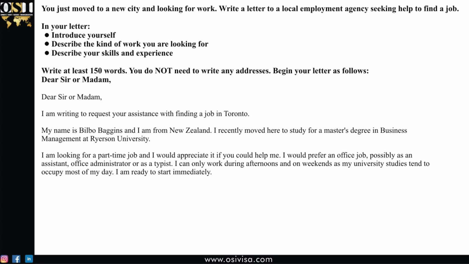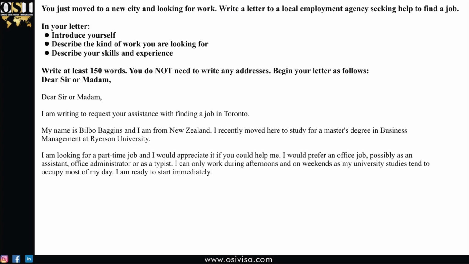So over here, if it was an informal letter, you would have used words such as I'm busy during the days, so I can only work in the evenings and the weekends or anything else. But since it is a formal letter, you need to get used to writing in a way that you're addressing a higher authority. So anyways, moving on, it says I'm ready to start immediately.